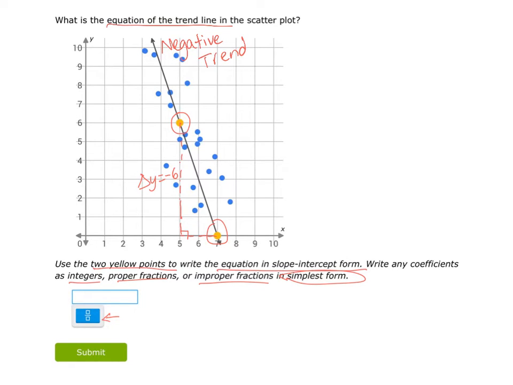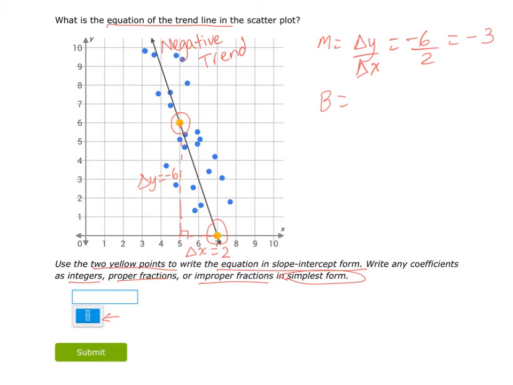So negative 6. And delta x is an increase, from 5 going up to 7, so an increase of 2. If we write the slope, delta y divided by delta x, negative 6 divided by 2, you get negative 3.